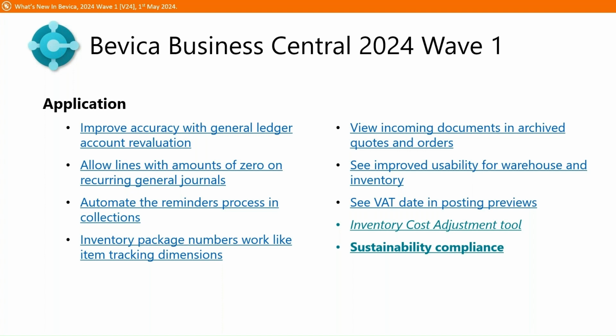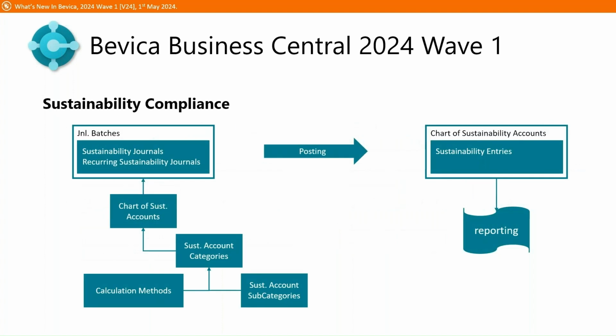Then the other new release for Wave 1 is this sustainability compliance. Microsoft have done some work where they're creating effectively a reporting tool for things like carbon dioxide, methane, nitrous oxide that you can record as part of your processes and then report from in the software. The way it works, there's a sustainability journal, and also nicely a recurring sustainability journal.